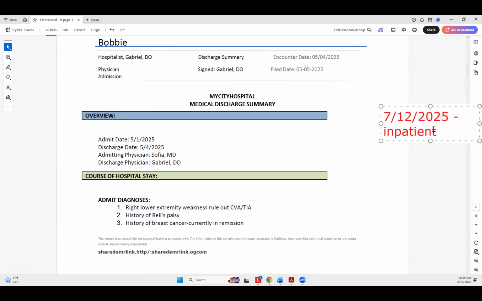Right. So we have 5/4/2025 as another inpatient. So far, the record is looking like what, guys? An inpatient record. And if we had to stop here, this record would be non-compliant because it has no outpatient pages.